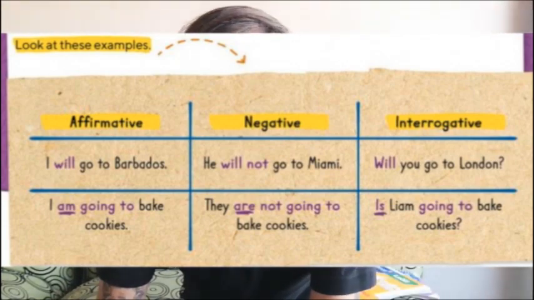I am going to bake cookies. They are going to bake cookies. Is Liam going to bake cookies? Simple as that. Notice how on these examples we have underlined the verb to be am, are, and is. There you go, super easy.